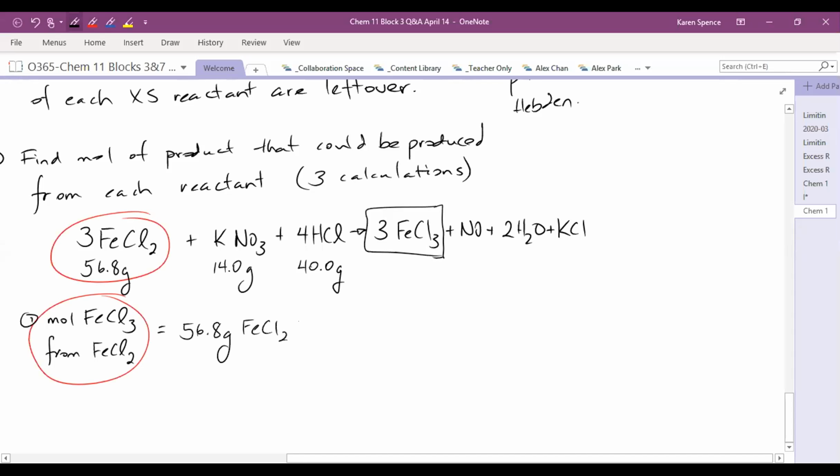And step one, convert to moles. Moles FeCl2 from grams FeCl2. And that is 126.8. Thank you, Hebden, for providing that number for me.